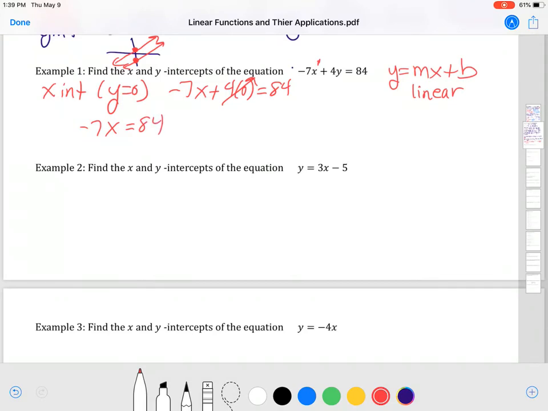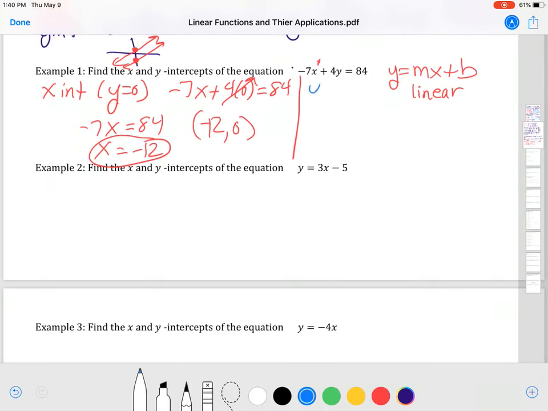So if I divide both sides by negative 7, I get x is negative 12. So this is my x-intercept, and if I want to write it as an ordered pair, I would write it as negative 12, 0.